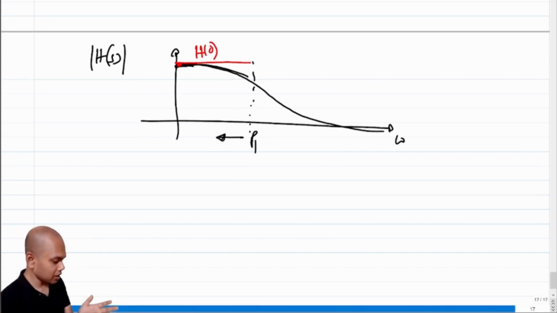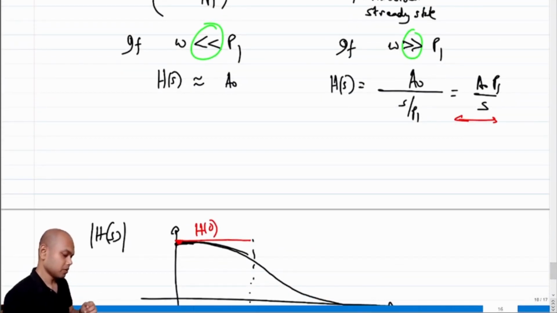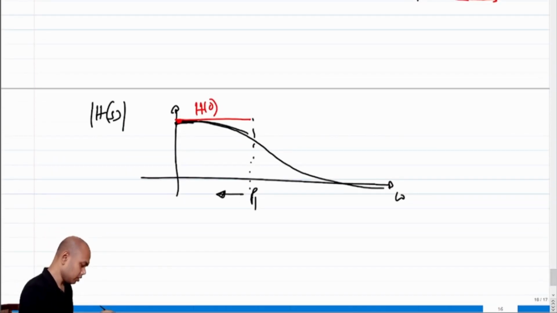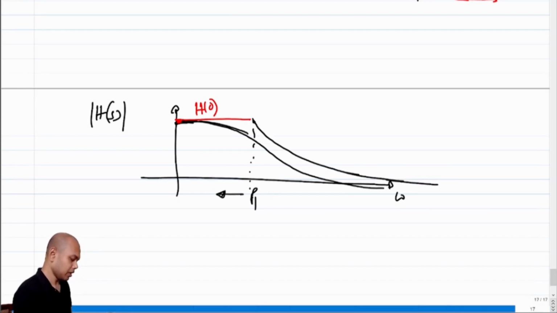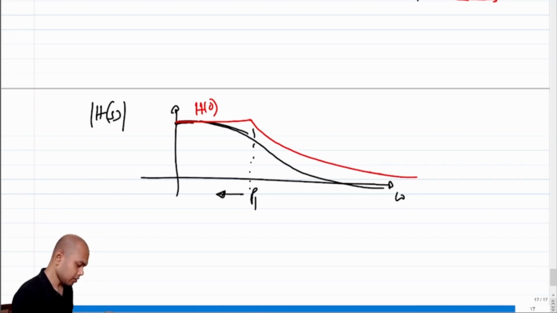And beyond p1, we'll again assume a straight line but with some slope, a0 p1 by s. So essentially this is a hyperbola, and this will be something like this.